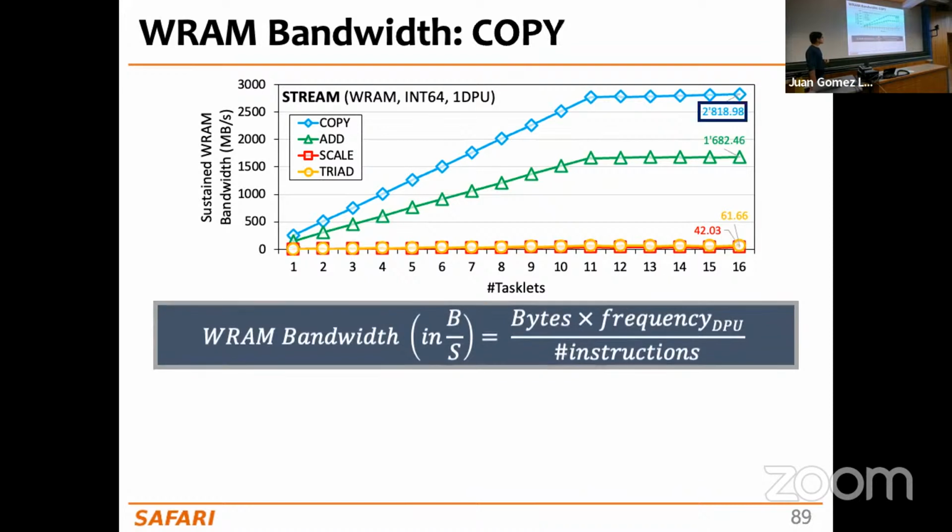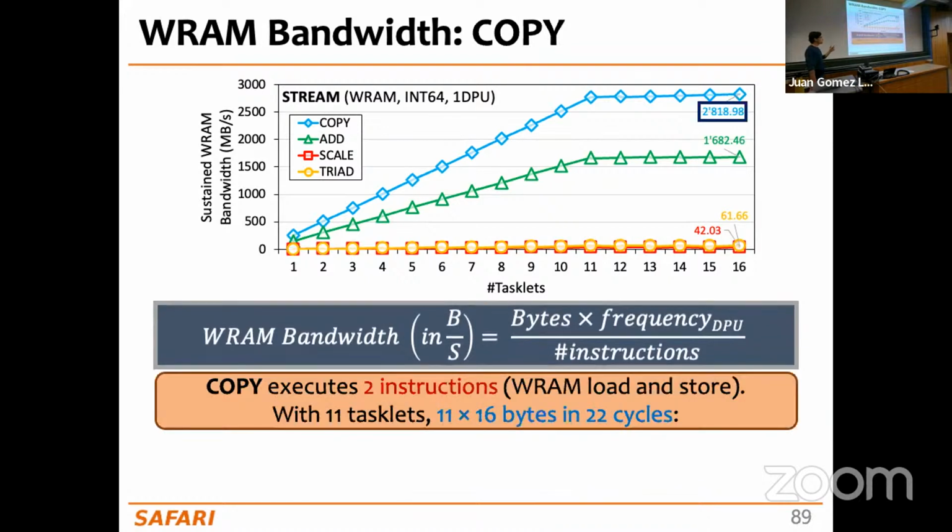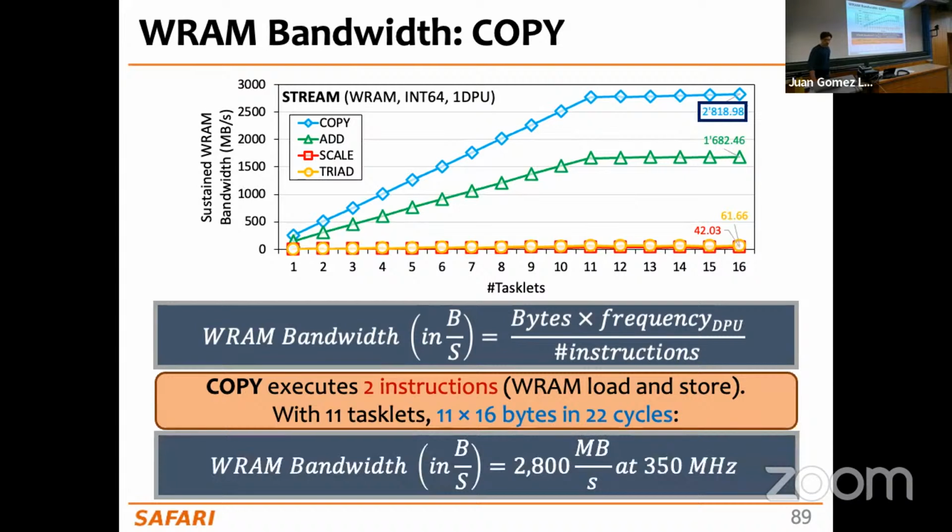For example, copy just needs 2 instructions in each iteration: WRAM load and WRAM store, because that's a copy benchmark. If we have 11 tasklets, we are reading 8 bytes and writing 8 bytes to WRAM. So in total, in 22 cycles, which is what we need to execute these 2 instructions, we are moving all this amount of data.